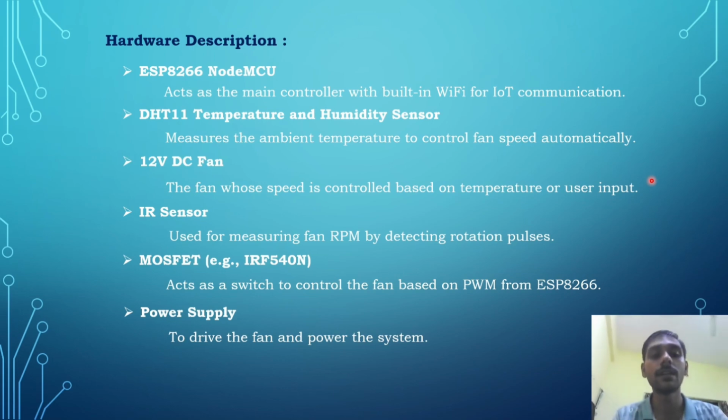The infrared sensor is used for measuring fan RPM by detecting rotation pulses. The MOSFET, for example IRF540N, acts as a switch to control the fan based on PWM, pulse width modulation, from the ESP8266. Lastly, the power supply drives the fan and powers the system.